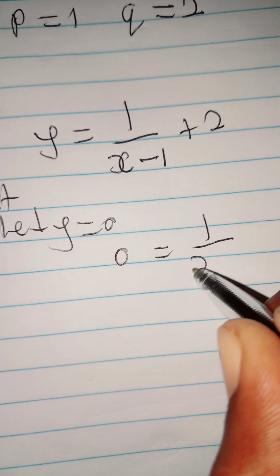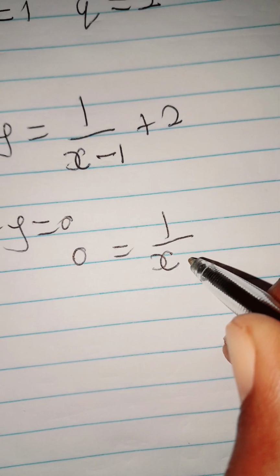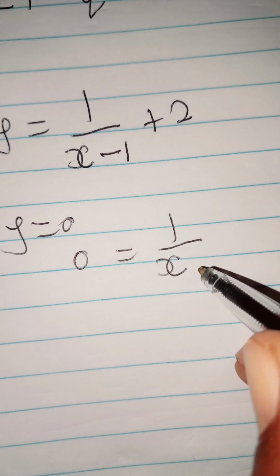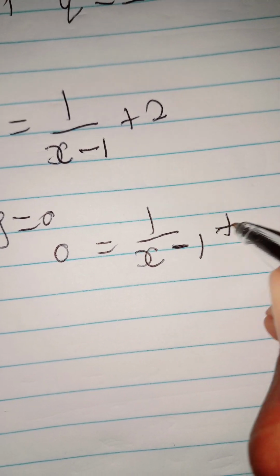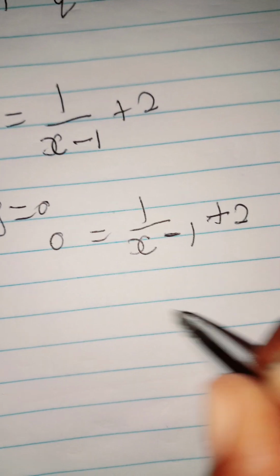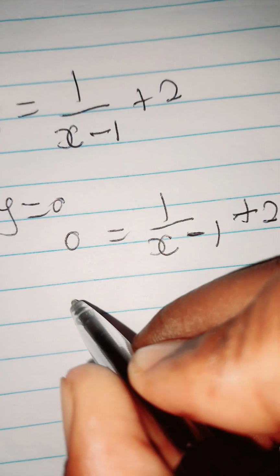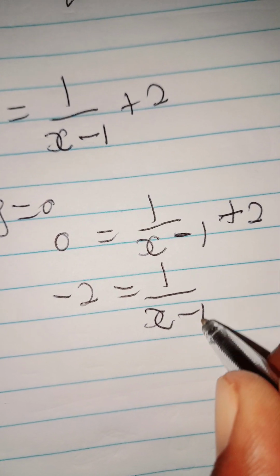They want the coordinates of the x-intercept of h. So 0 equals 1 over x minus 1, plus 2. We can transpose 2 to the other side, where it becomes -2, and we are left with 1 over x minus 1.